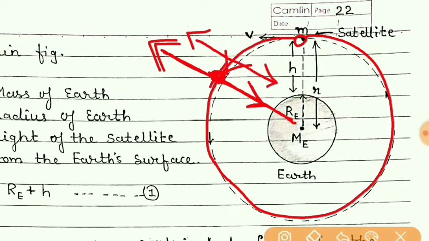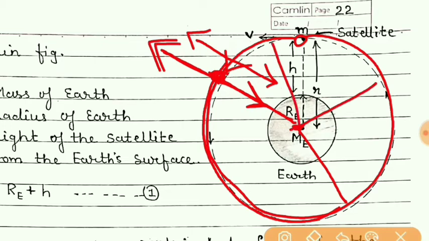It will maintain its constant distance and revolve around the Earth. That means the distance from the center will remain constant.